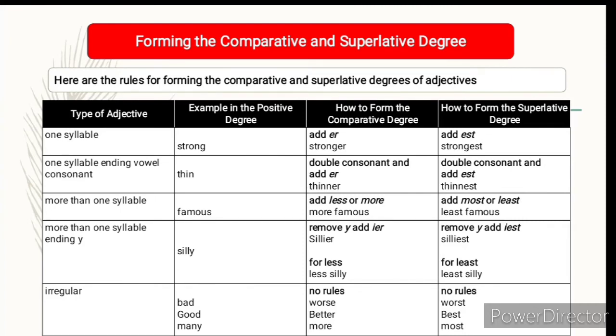So I will tell you one example. In positive degree, strong. To form the comparative degree, we have to add er into stronger. To form the superlative degree, we have to add est into strongest.